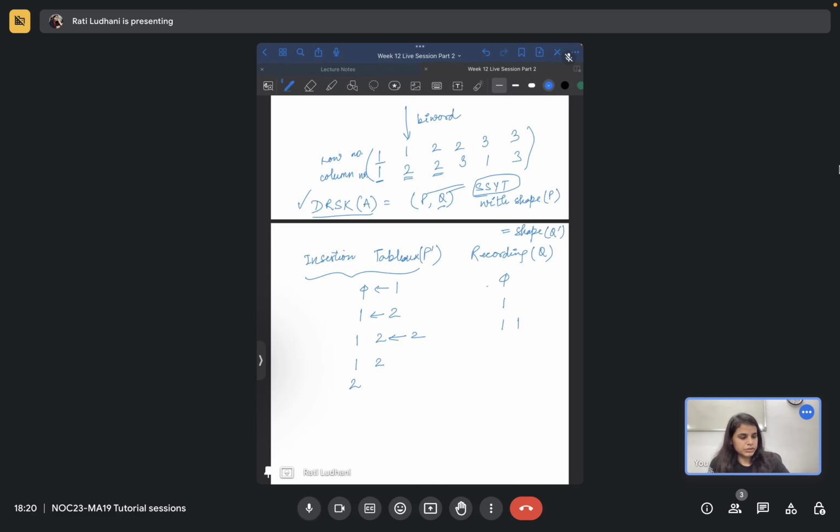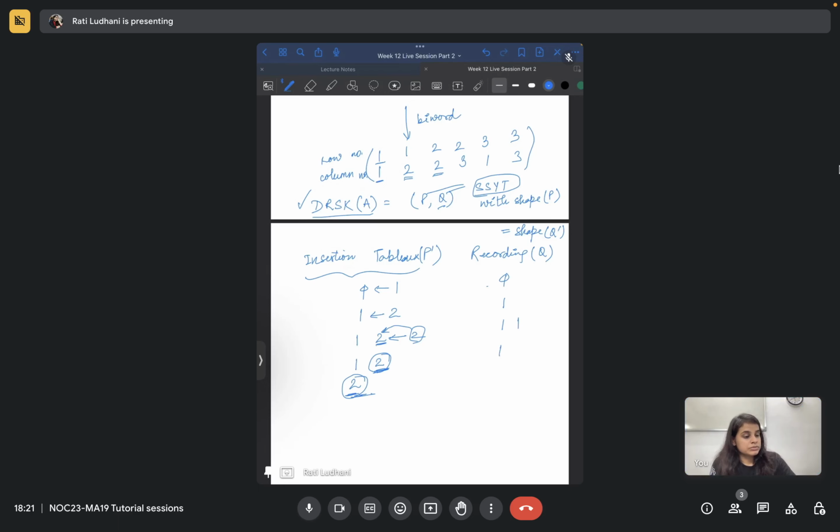So if it is equal to 2, then we replace that also. When we inserted 2, this 2 was replaced, and the 2 bumped out and went to the next row.